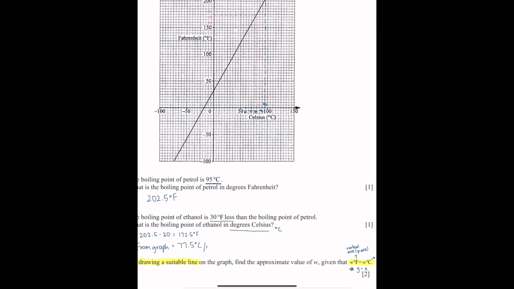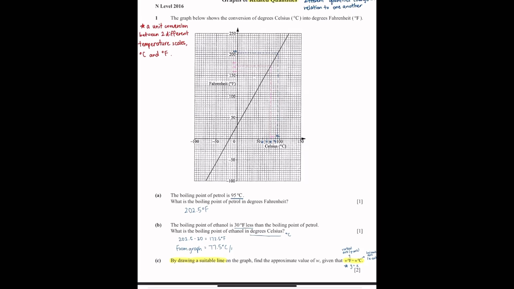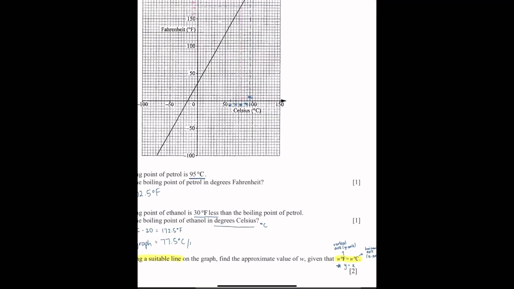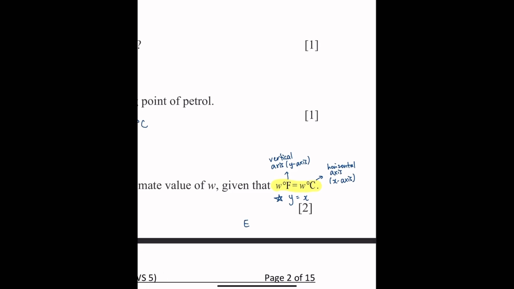You must be wondering, how do I draw the line y equals x? For the line y equals x, every y value on the line will be equal to the x value, and it will also pass through the origin.